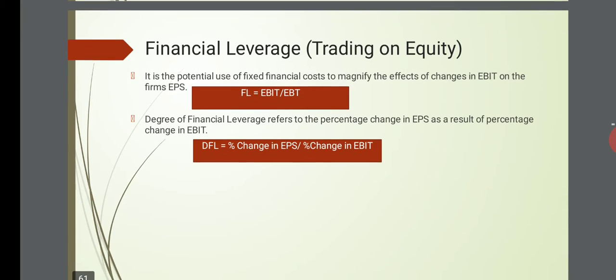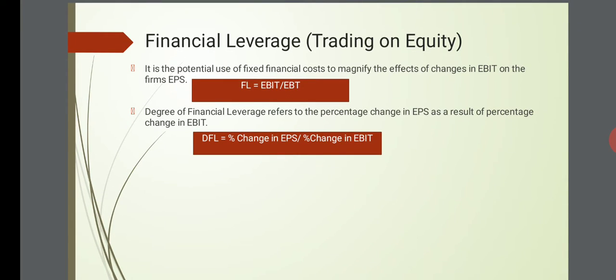Financial leverage is also known as trading on equity. It is the potential use of fixed financial cost to magnify the effect of change in EBIT on the EPS. So financial leverage is EBIT upon EBT. EBIT minus I is equal to EBT, as we discussed.